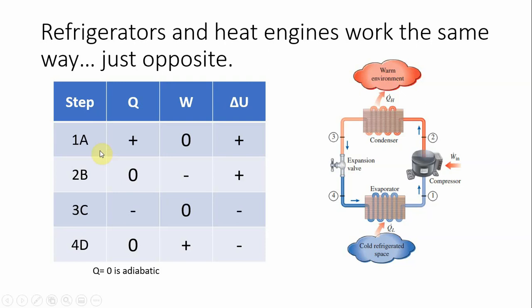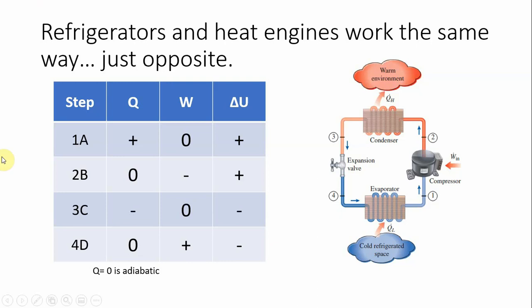So let's go over here. I forgot our little table here. In our first step, or in letter A in your book, we had heat transferring to our system. So that is going to be a positive Q. No work was done by that system, and so we have an overall increase of our internal energy.